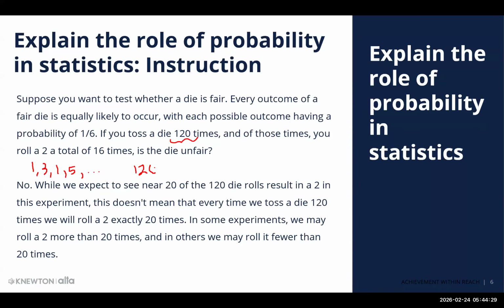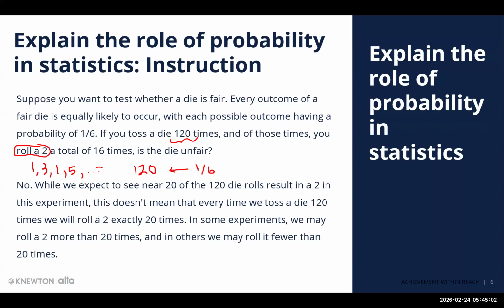I think it's fair to expect that your belief would be that you would not get exactly 1/6 of these landing on, in this case, rolling a 2.